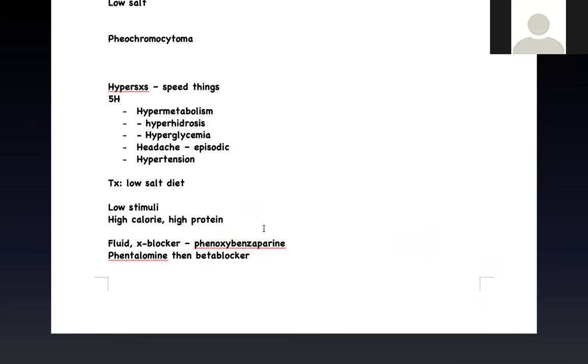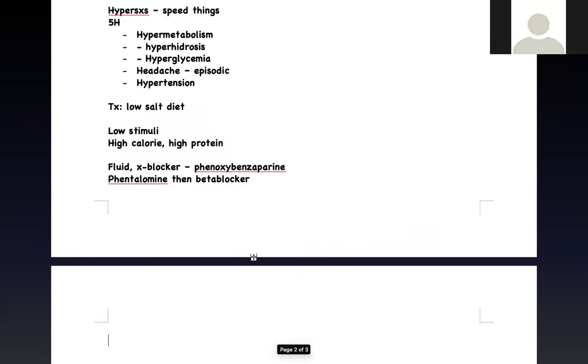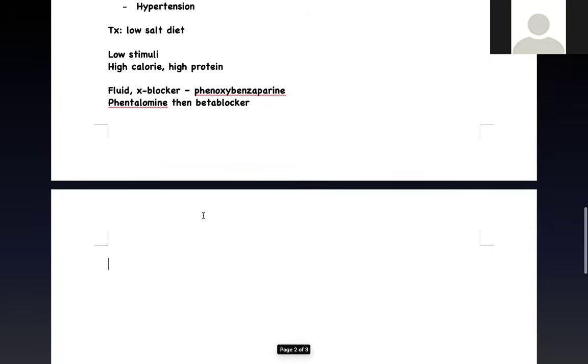Phenoxybenzamine or phentolamine, then you give them a beta blocker. So this is the management of this problem. Pheochromocytoma is a straightforward problem. They're not going to ask you anything that you don't see. So this is the way they will ask you the question related to that.